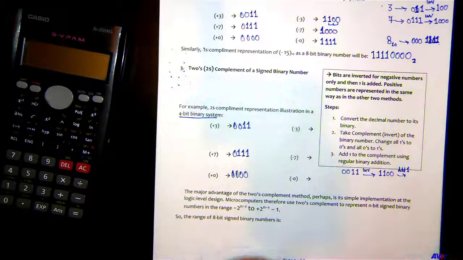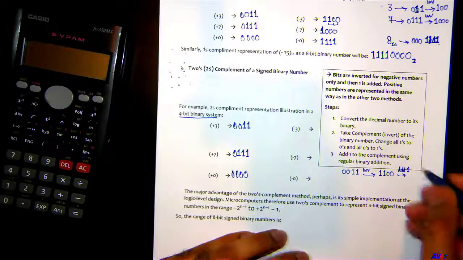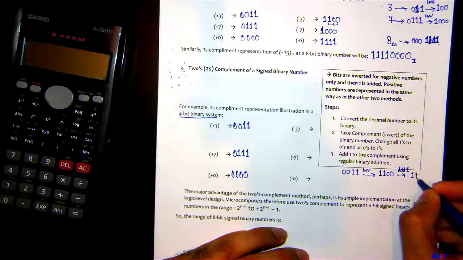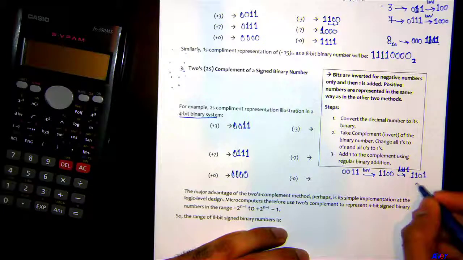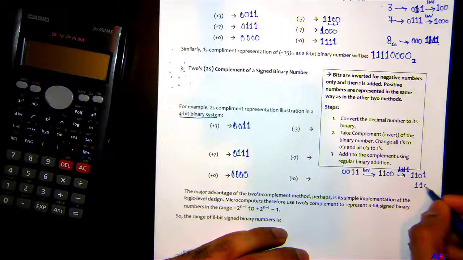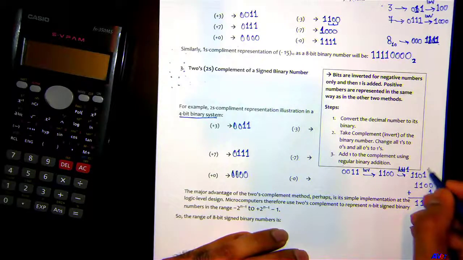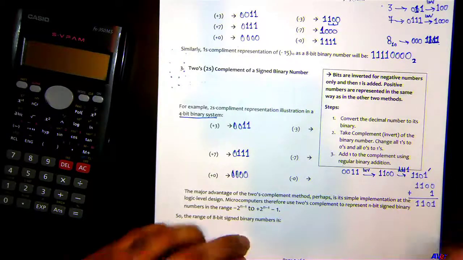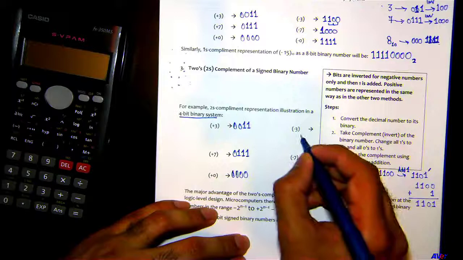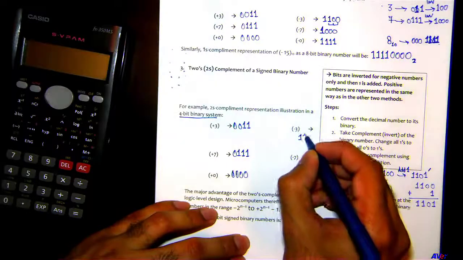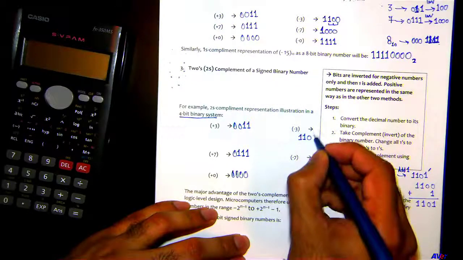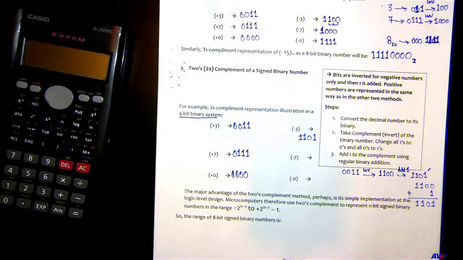It would be 1101, right? So this is the 2's complement of negative 3. So I'll write it down over here: 1101.